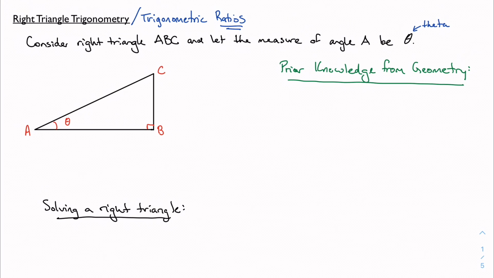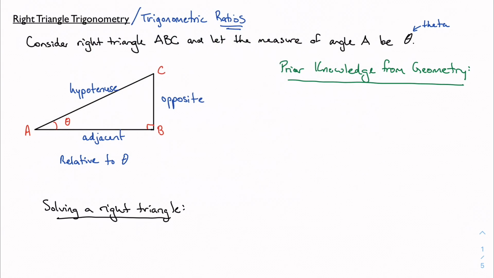Well, if I talk about relative to my angle, there's an opposite side. So BC in this case is the side opposite theta. AB is the adjacent side. And AC is the hypotenuse.